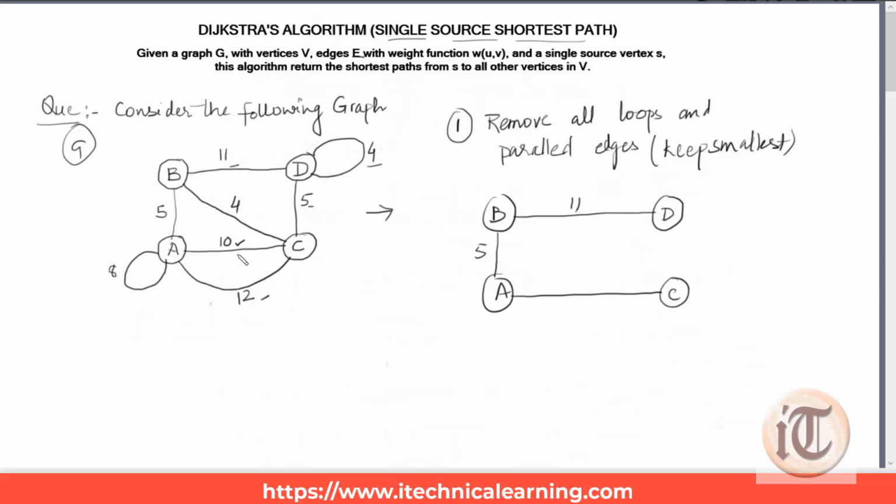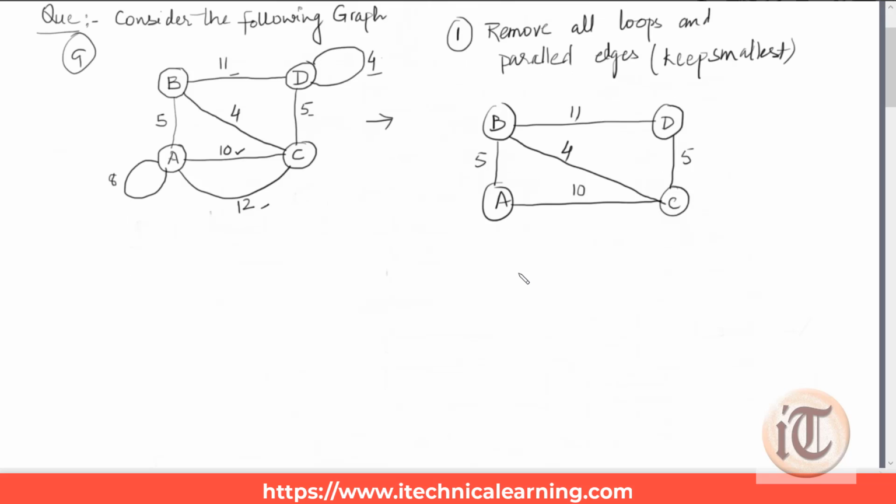Among these, the smallest one is 10, so we'll keep the value 10. And then C to D we have 5, and B to C we have cost 4, and we can see this is a loop, this is a loop, so these loops will be removed. Okay, so after step 1 we got this converted graph.